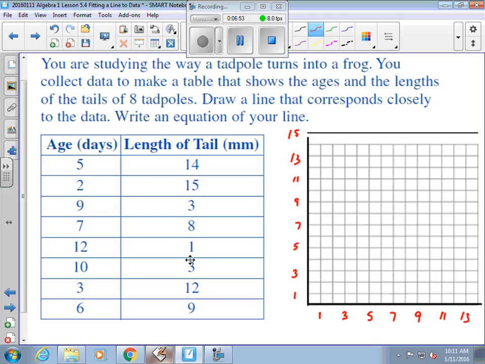Try to be neat as you're doing this, but you don't have to be perfect, everybody. Just try to be neat to make it as easy to see as possible.